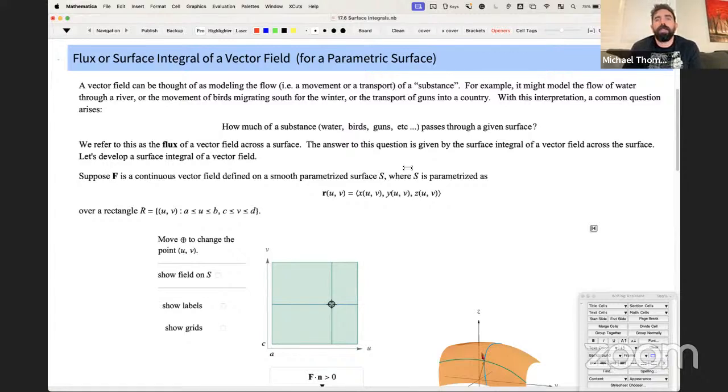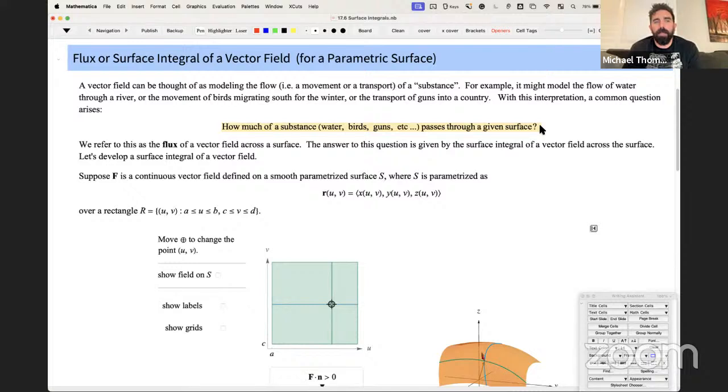It's just a flow of a substance. With this interpretation, it's easier to understand what a surface integral of a vector field is. It answers this question: how much of a substance, whether it's water, birds, guns, whatever, passes through a given surface? That's what the surface integral of a vector field is. We refer to this as flux. It's how much passes through, so it's flux.